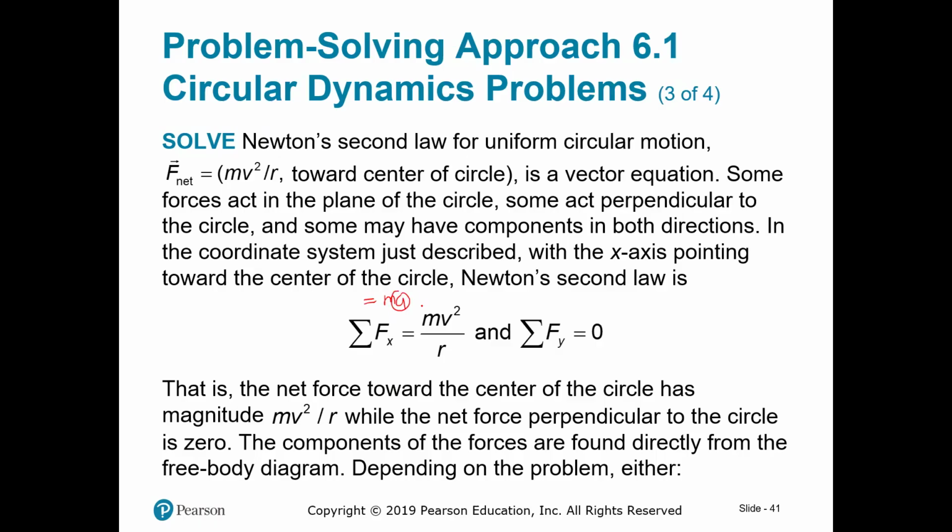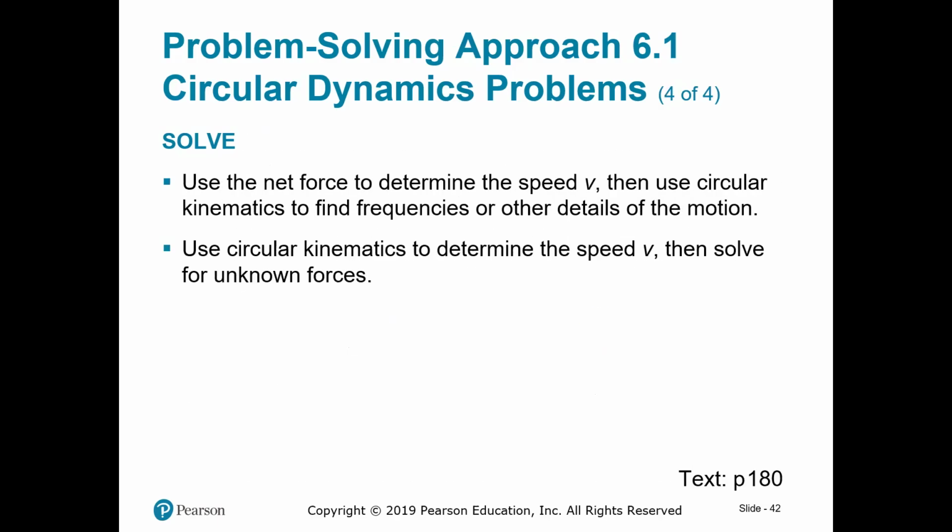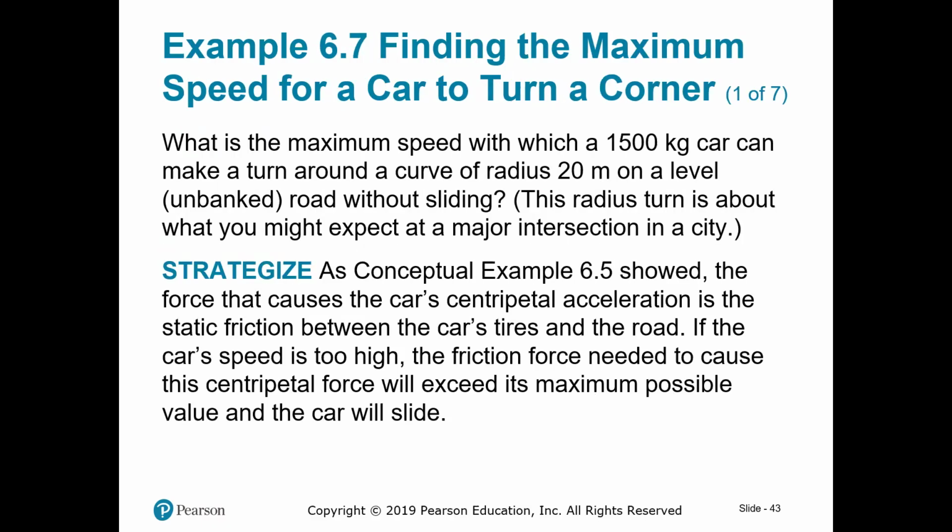And then a is v squared over r, so you can say this is m v squared over r. If sometimes the net force is 0, then you can say that's 0 as well, right? Then use the net force to determine the speed v, and use the circular kinematics with the frequency or other details in the motion, right? And then we'll give you an example.